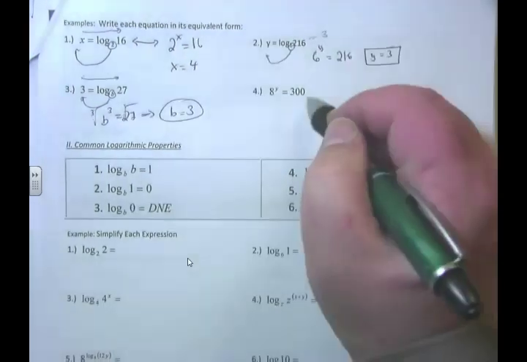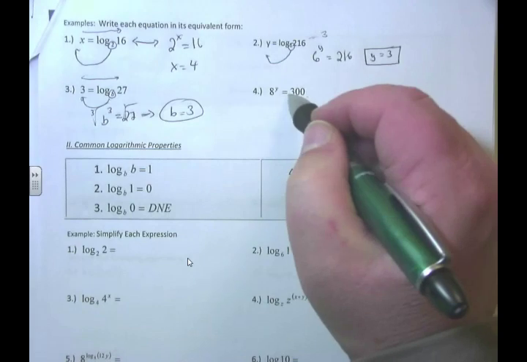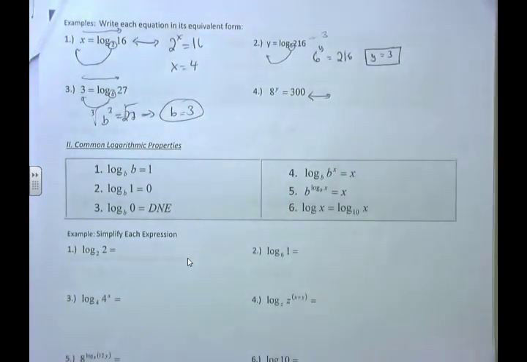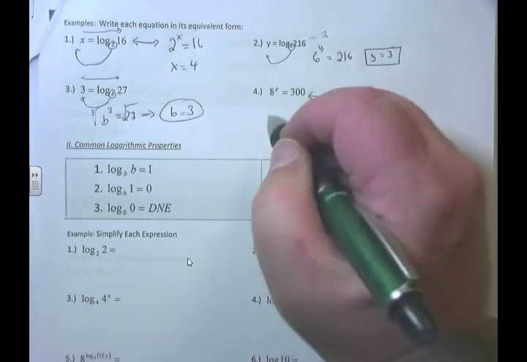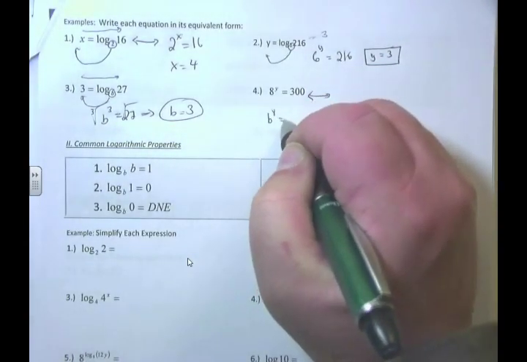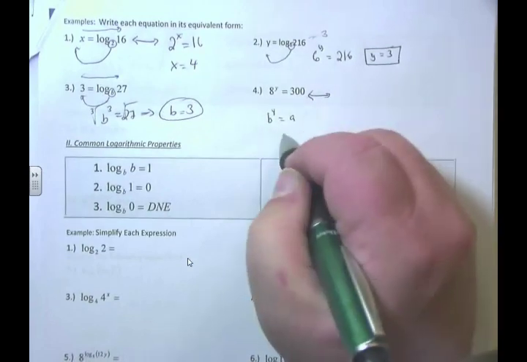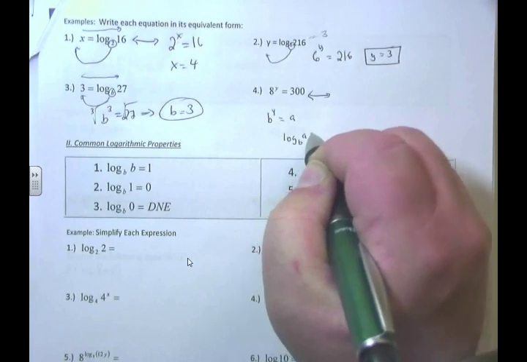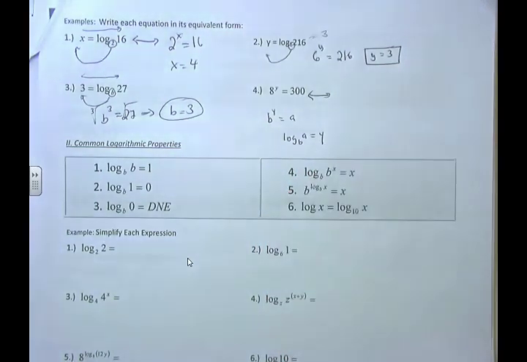If you want the most accuracy, remember, logarithms solve for exponents. You have the ability to go both ways with this street. So if 8 raised to the y equals 300, this is the same form as b to the y is equal to a. I can rewrite this as the log base b of a equals y.